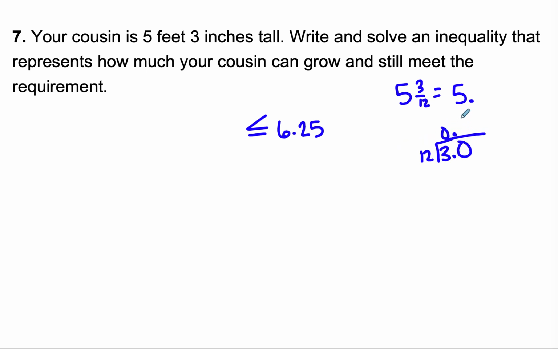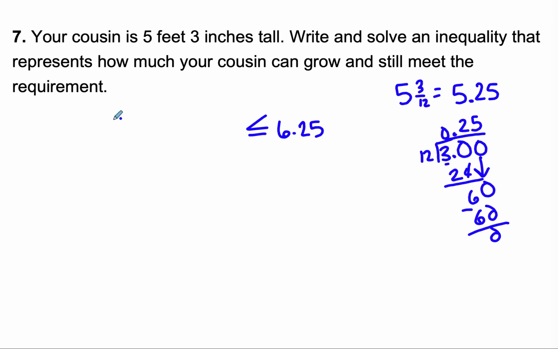Does go into 30 twice. 2 times 12 is 24. We subtract to get 6. We add a 0, bring it down. 12 goes into 60 5 times. 5 times 12 is 60. So my decimal is 0.25, 5.25.